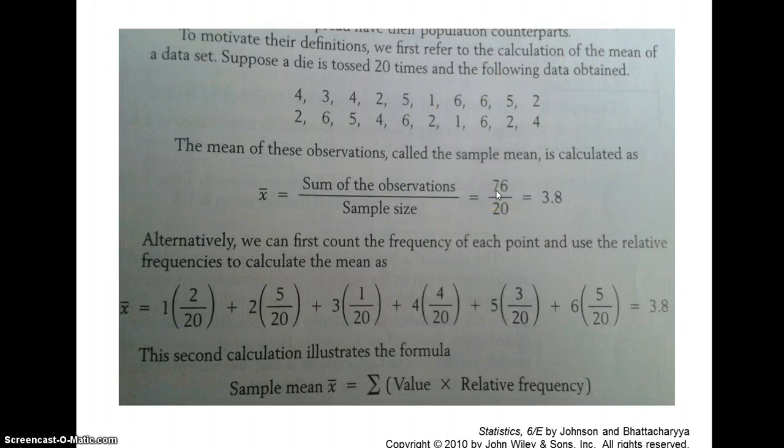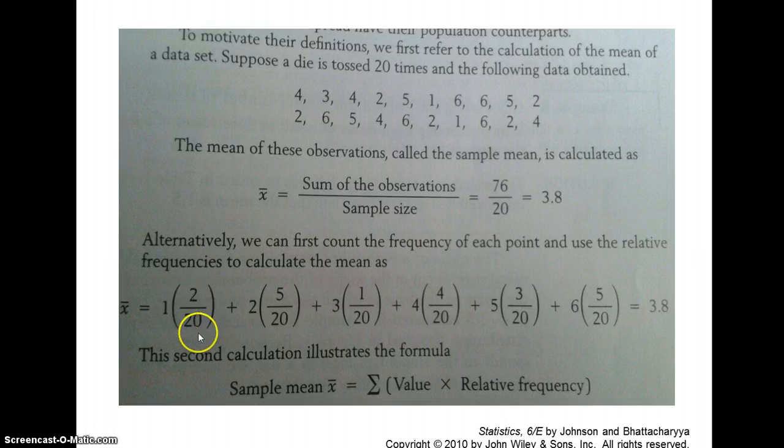And we can also split it. For the number 1, what's the relative frequency? Or you can say, what's the probability of getting a 1 here. The relative frequency is we have 2 ones, so 2 out of 20.